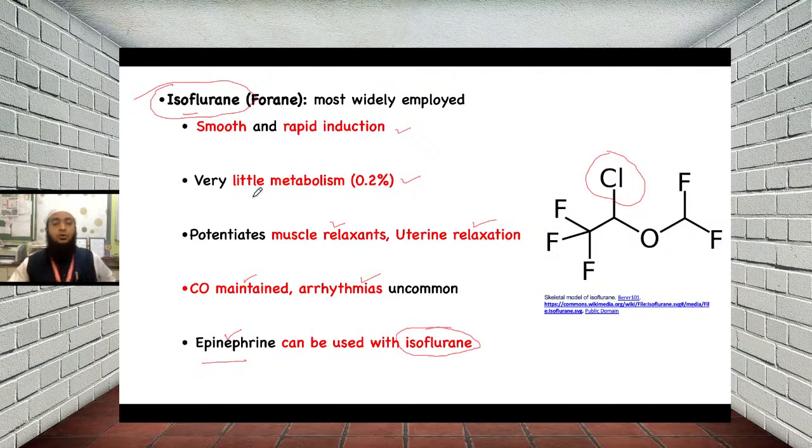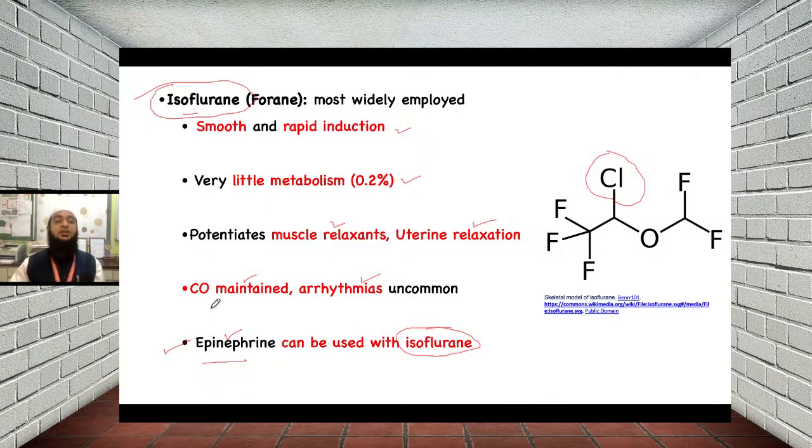But you know that epinephrine is an adrenergic drug, part of the sympathetic system, and it also produces an effect on the heart. It increases the heart rate and force of contraction.